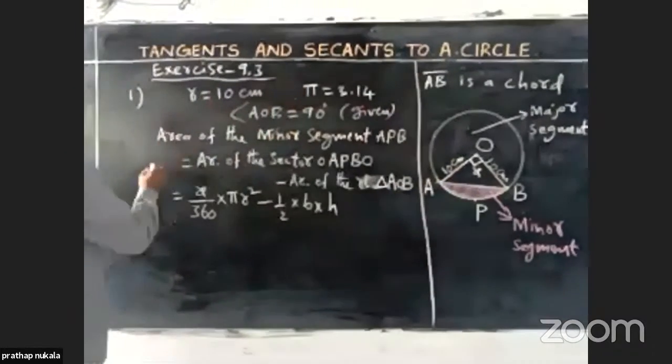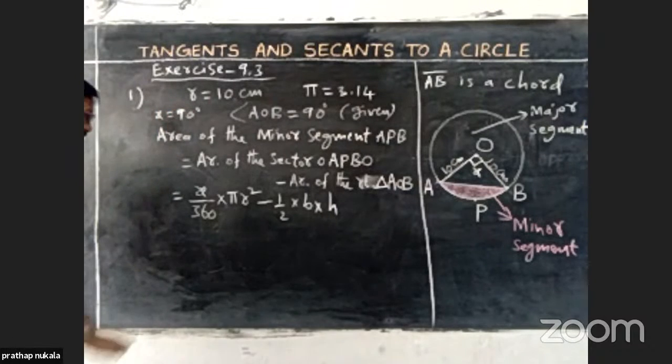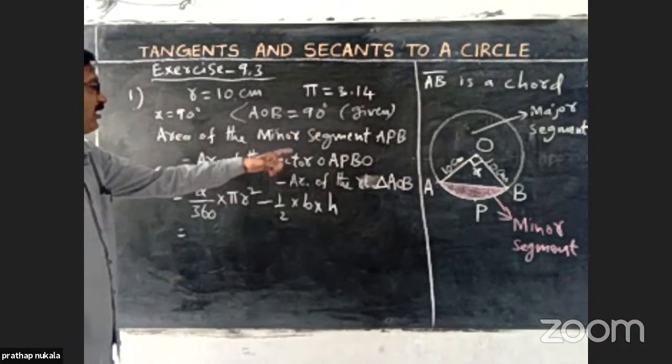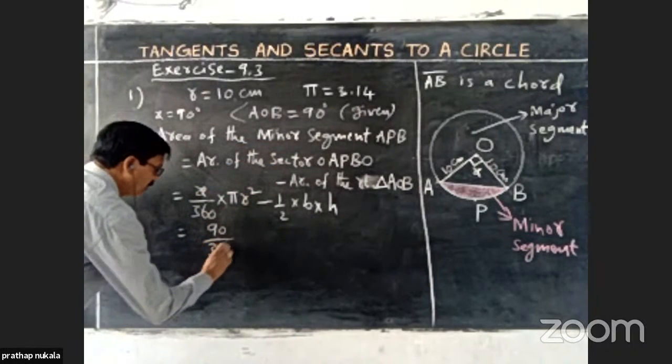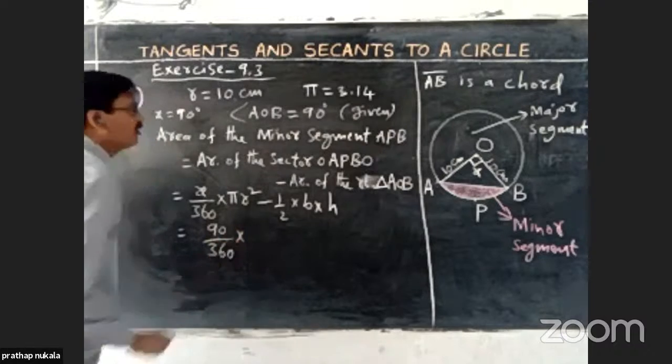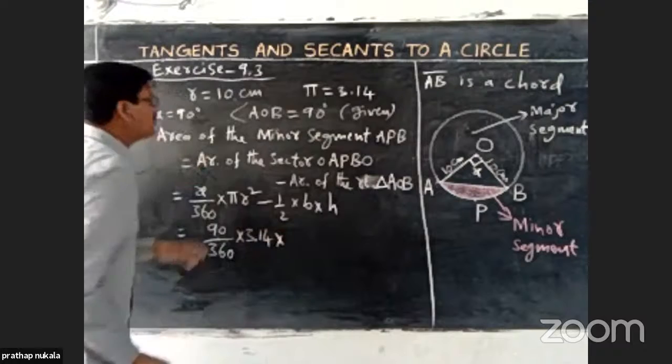Already we know x equal to 90 degrees. Now substituting the values: x means 90 degrees by 360 into pi value 3.14 into r square.